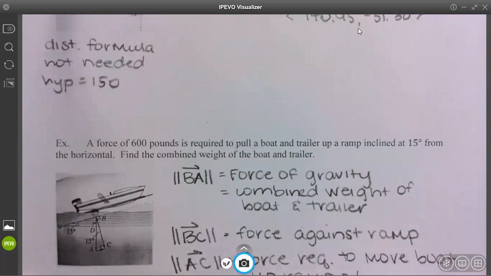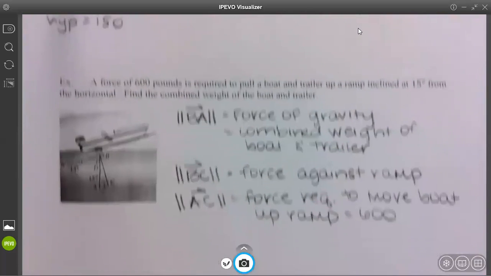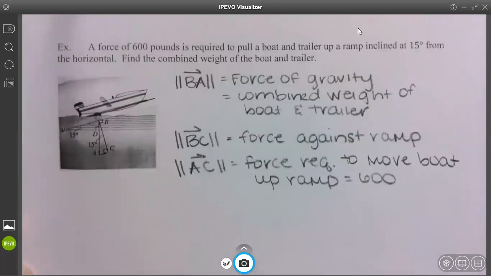And from the problem, they told us that that was the 600. A force of 600 pounds is required to pull the boat and trailer up the ramp. All right.